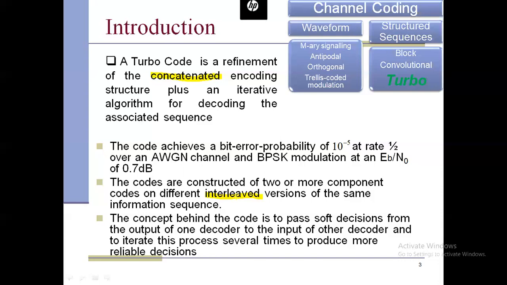The interleaver for coder 1 can be different from coder 2. Actually, in this lecture we emphasize the iterative turbo decoding process. So we are not going into the detail of the concatenated structure of the codes and the interleaving methods used in it.